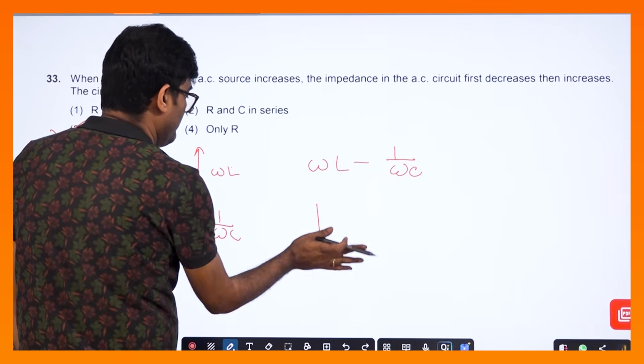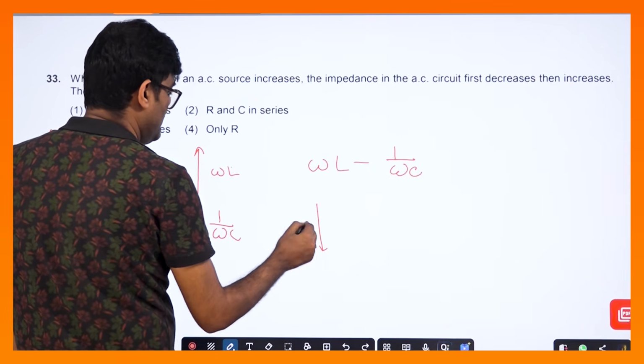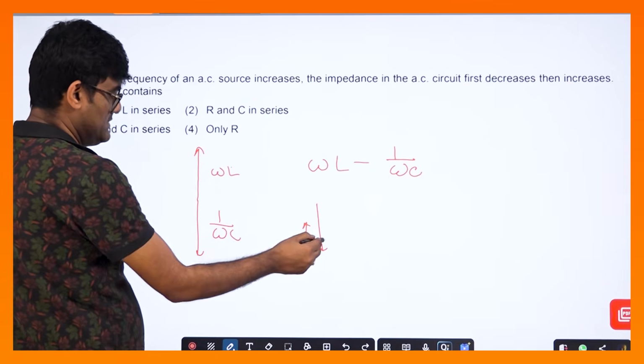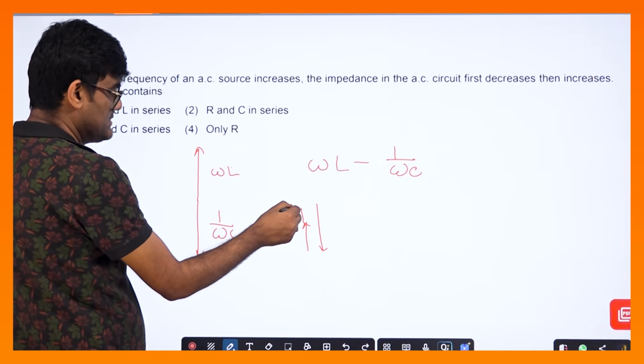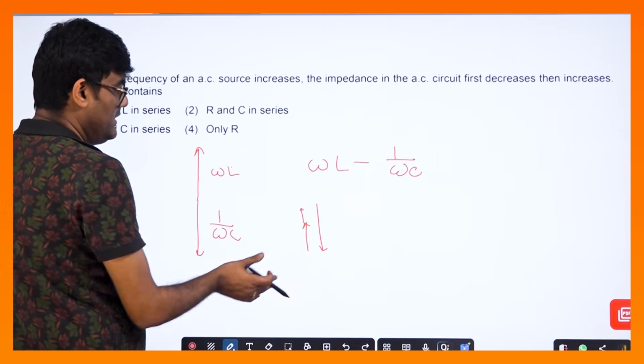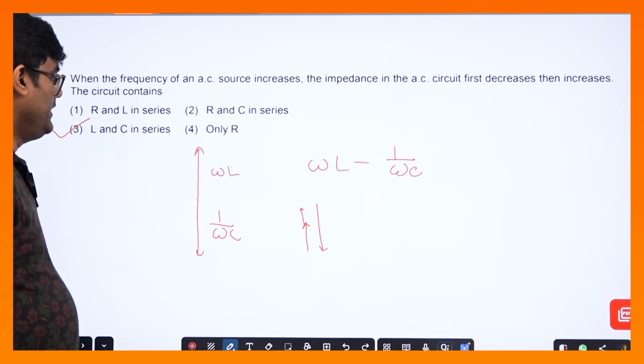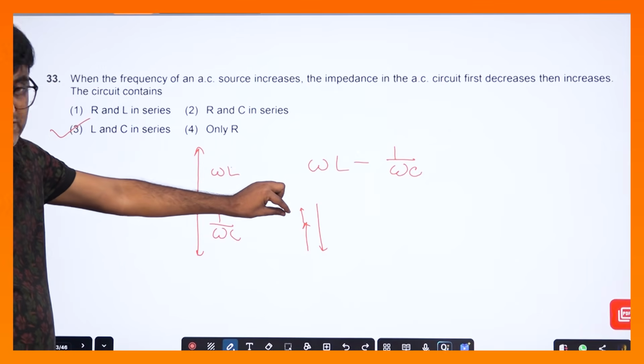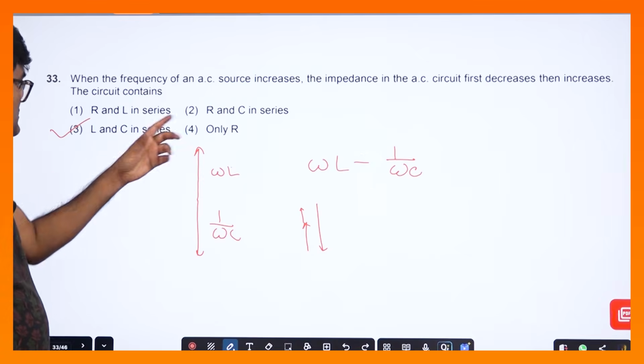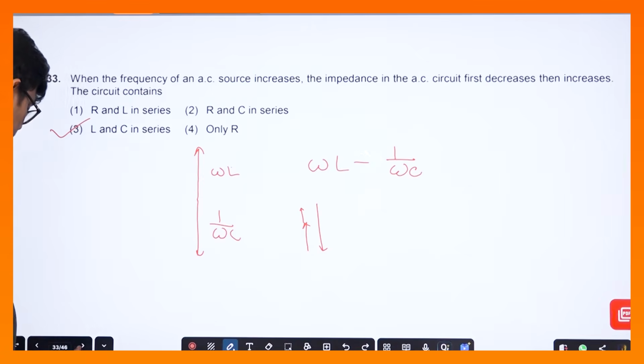It may happen anytime. Suppose initially this was this and omega L was this one. As I increase it, its value decreases, so their difference decreases, makes it 0, and then again it will increase. So this L and C are the perfect choice for this question.